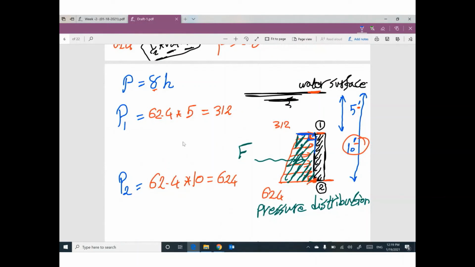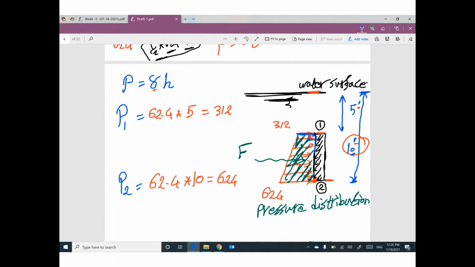That one. Okay, so in P2, wouldn't it be 15 instead of 10 on the distance? But 10 is given as the distance between this point and the water surface. 10 is given as the total height, not the height of the gate.